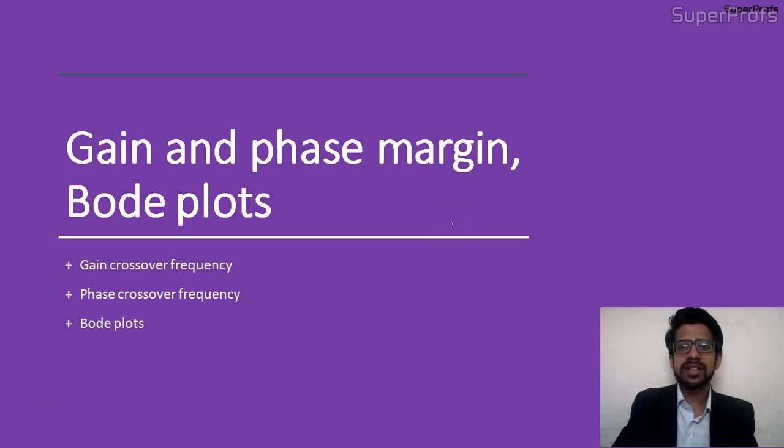These are simple concepts, not very difficult concepts to understand, but there are some critical and complex problems that appear in the exams. We will be solving such problems in problem sessions. For now, we might look at important concepts related to gain and phase margin, in which we will be looking at gain crossover frequency, phase crossover frequency, and Bode plots.